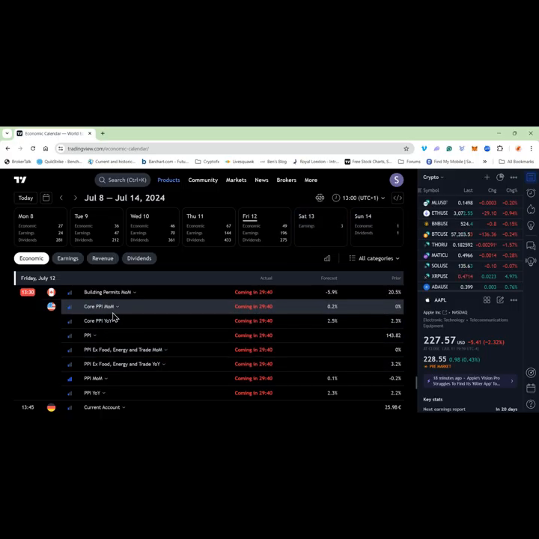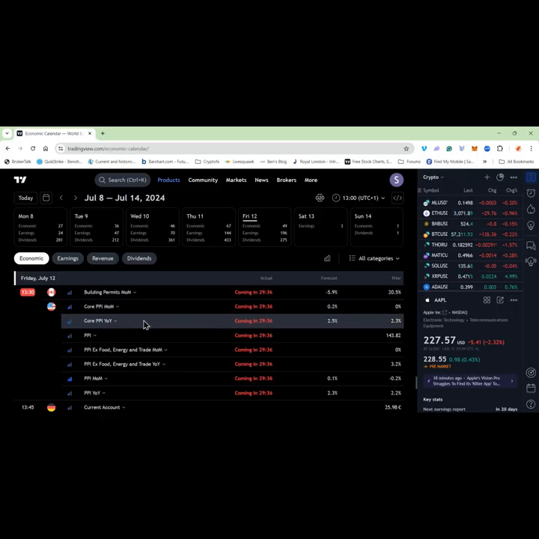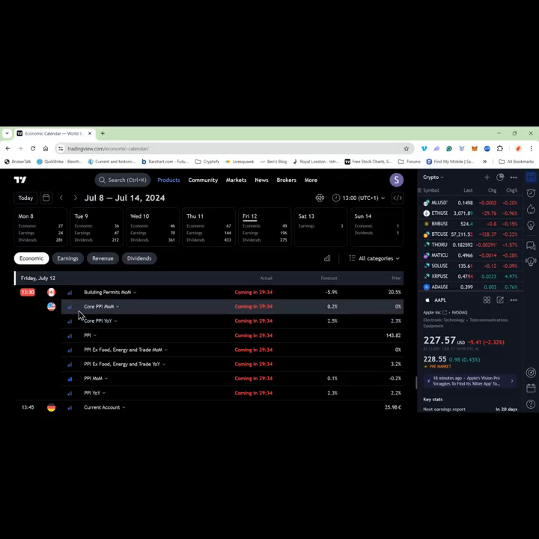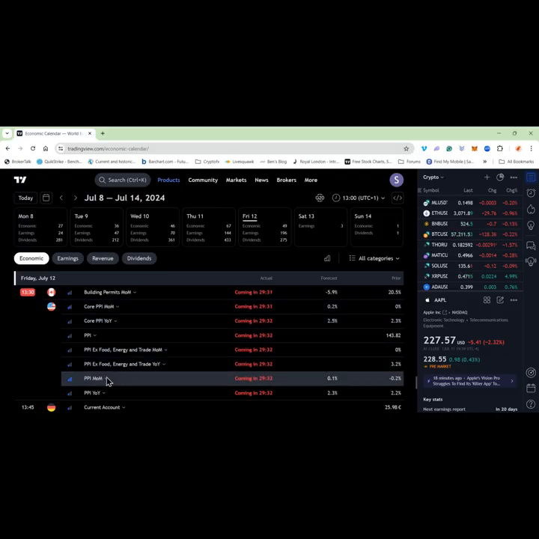But today we've got core PPI. So that's an inflation measure as well in the States, PPI. So that's a big number. So all the market will be waiting for this to come out. The core one here, PPI month on month, is forecasted at 0.1. So we've got to see if that's going to come out stronger or weaker. If it comes out above 0.1, then the market's got to price that in, and I think the bond market will come off and the stock market will come off.